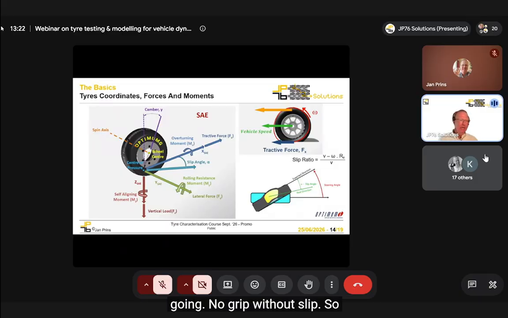No grip without slip. So in order to generate forces, a tyre needs to slip a little bit. There's the longitudinal slip ratio definition on the screen, and then also a slip angle, with a definition on the screen for how that's defined.